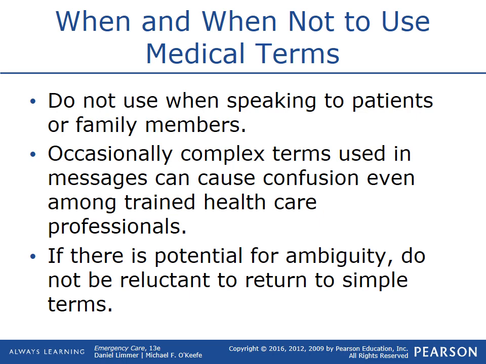Just simply state it. You know, she has pain on her left side. But that's the easiest way. We don't want to cause confusion. So if you're worried that there's any potential for ambiguity, do not be reluctant to return to simple terms.